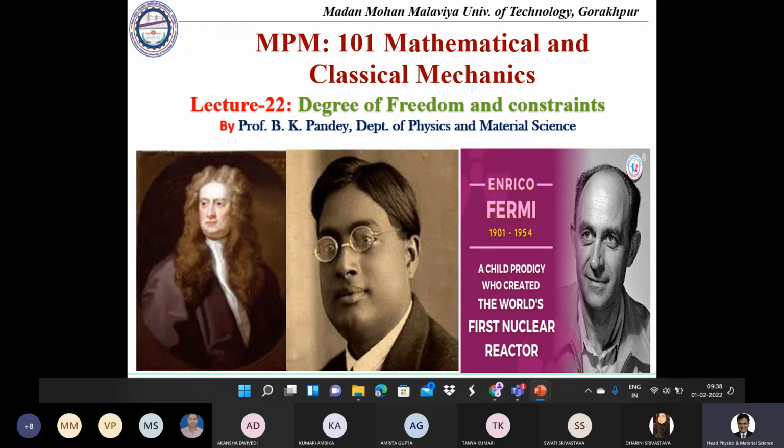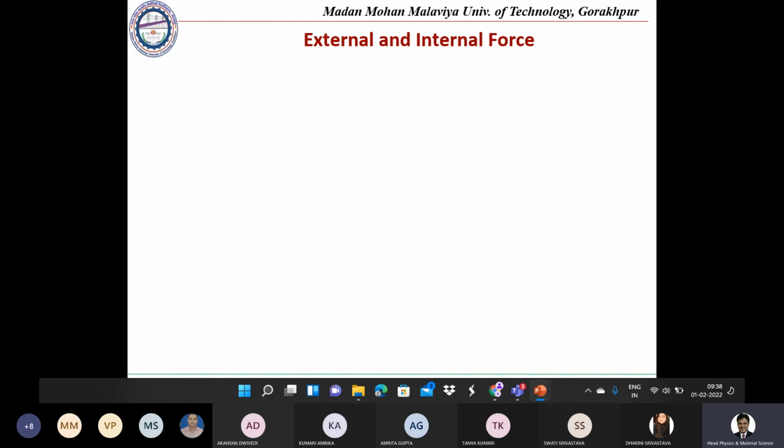But before that, let us see what the external and internal forces are. For example, if you are applying a particular force on a body, then you are giving a force to that body externally, but the internal particles also react in a certain way, and that reaction may cause the otherwise effect if it has not been balanced.